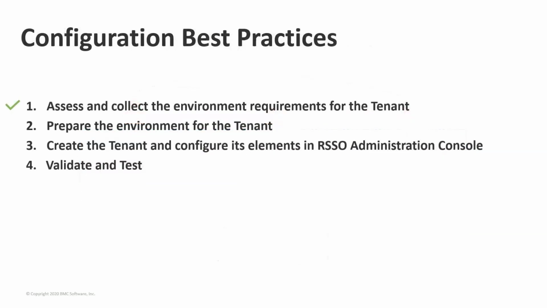Okay, we have gone through our task number 1, which is assess and collect the environment requirements for the tenant, in which we saw our RSSO diagram where we have our 3 tenants. So what we're going to do next is to prepare the environment for the tenant.